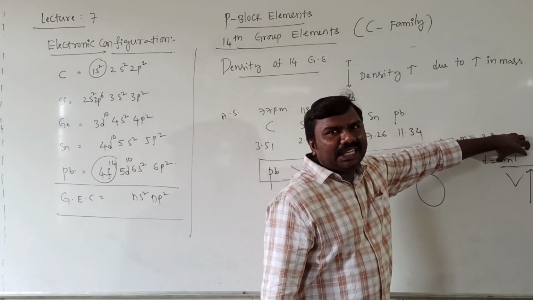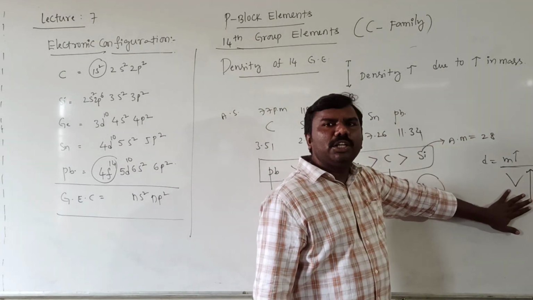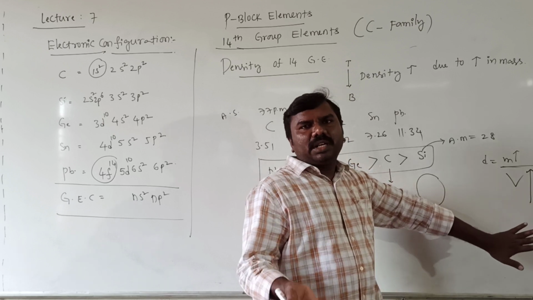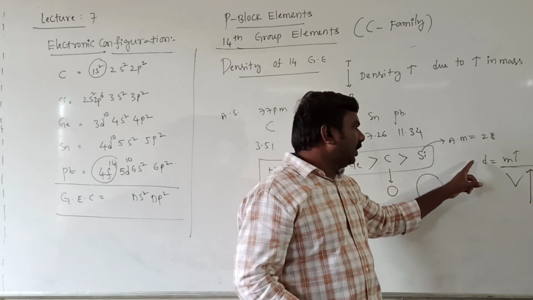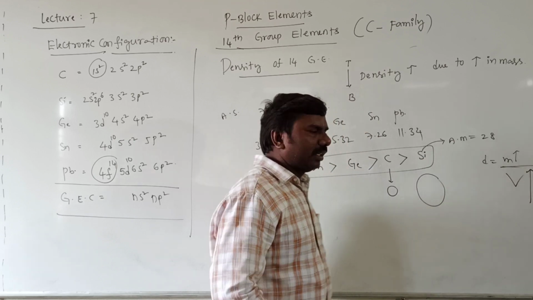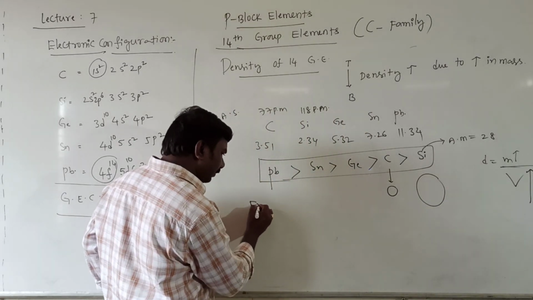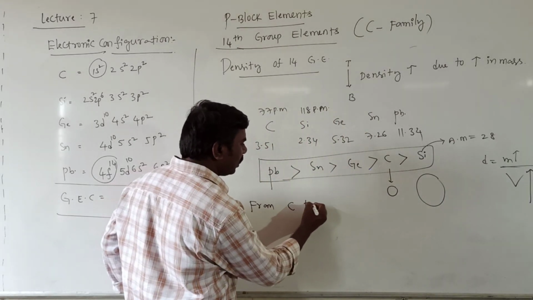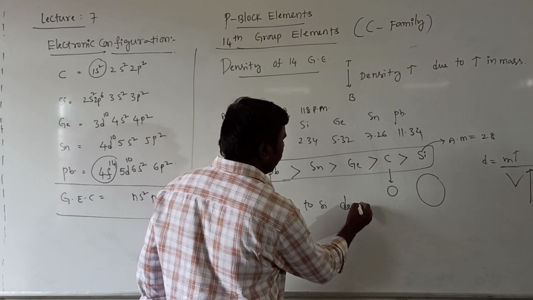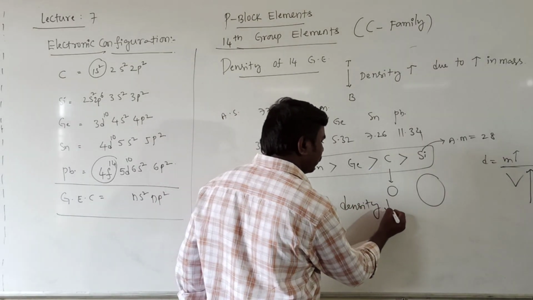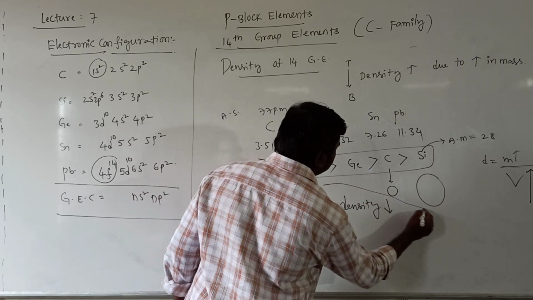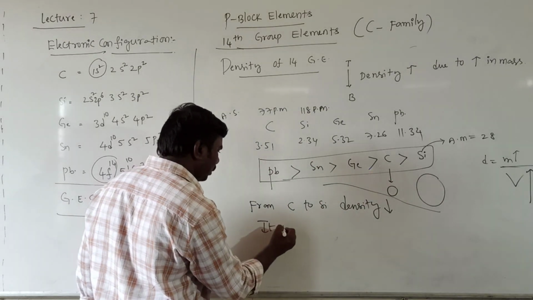Mass increase is negligible compared to volume increase. Volume increases more, obviously density will decrease. That's it. From carbon to silicon, density decreases.